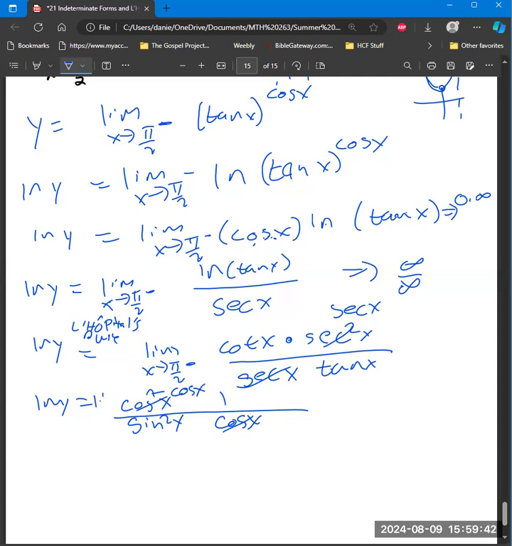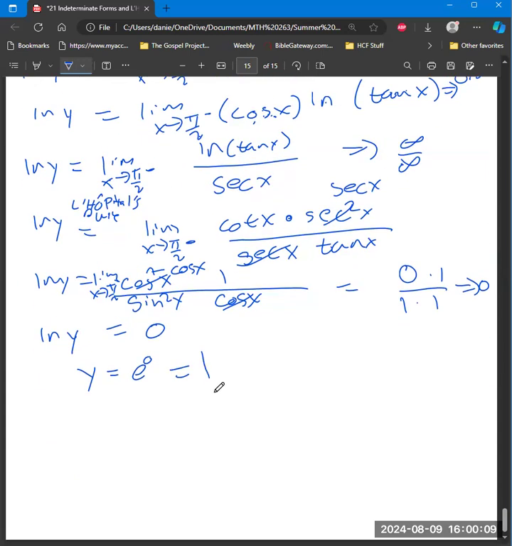And this is the limit as x approaches pi over 2 from the left. So I have a cosine left there in the top, so that's going to continue to go to 0. This is 0 times 1, and this is 1 times 1. This is going to go to 0. So ln of y is equal to 0. Y is equal to e to the 0, which is 1.